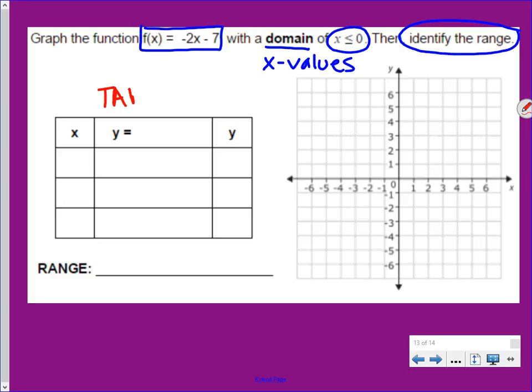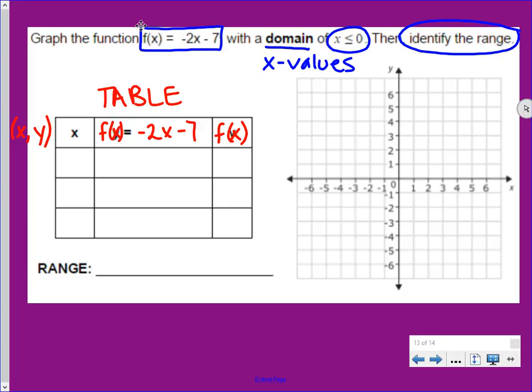X, then we have f of x equals, remember, f of x is the same thing as y. So when we plot our coordinate points, we're going to have our coordinate points of x, y, or x, f of x. So f of x equals negative 2x minus 7. Now remember, our x values have to be less than or equal to 0.